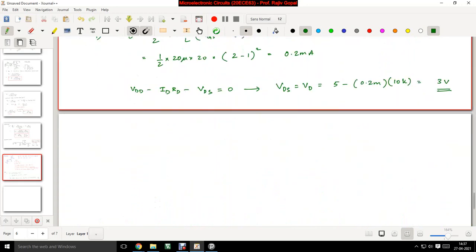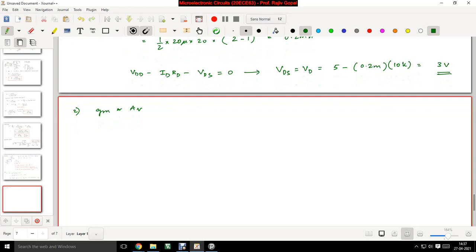Second part, gm and Av. Again, gm you can straight away use the formula Kn prime W by L into (VGS minus VT), which we have found. So this is 20 micro into 20 into (2 minus 1), which gives 0.4 millisiemens.